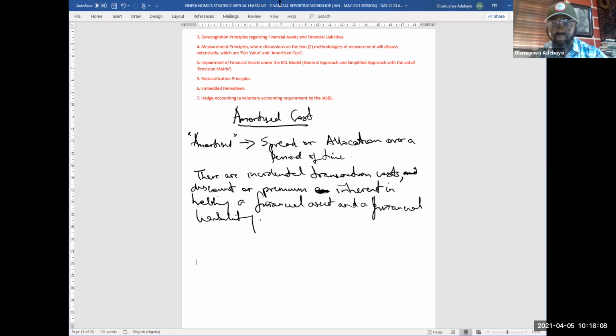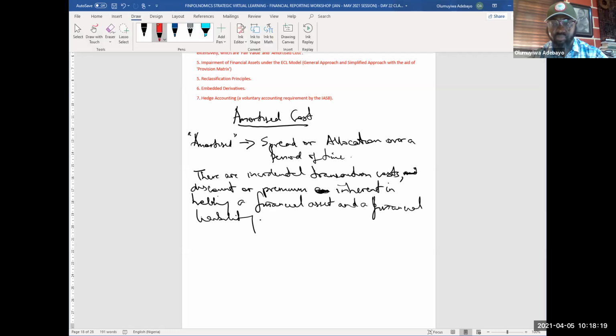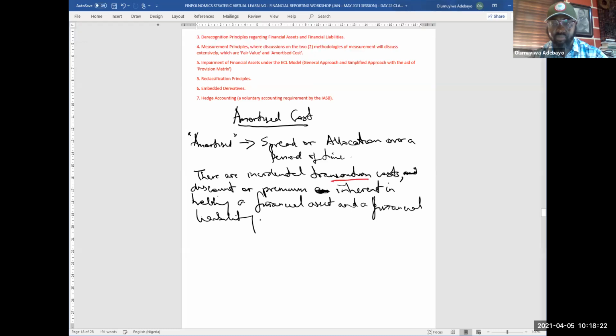Now, what we are saying is this: amortized cost is saying that your transaction cost, your discount, your premium associated with holding a financial asset or financial liability will be spread over the tenure or duration of such an asset or liability.